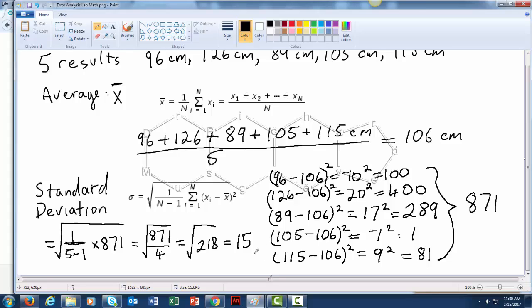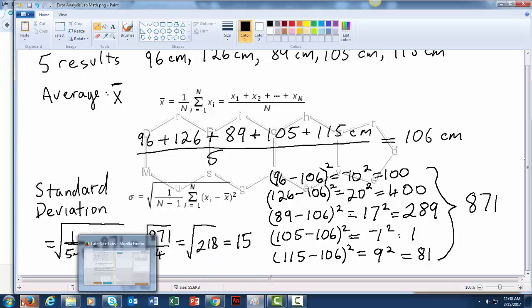So the 15 represents kind of like the spread of results. If it's a big number, it means the results are fairly far apart. If it's a small number, it means the results are fairly close together. So that's really all you need to do for the maths. It's not nearly as bad as it looks with all these funky symbols and things.